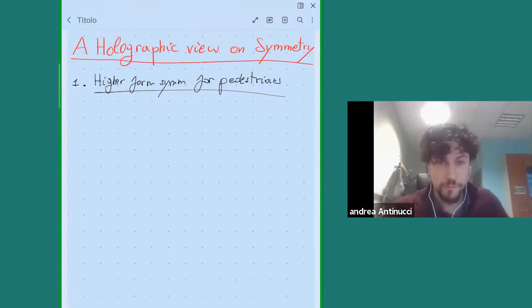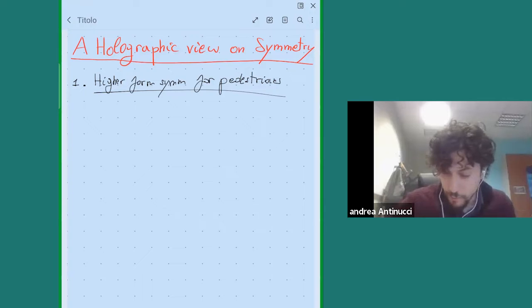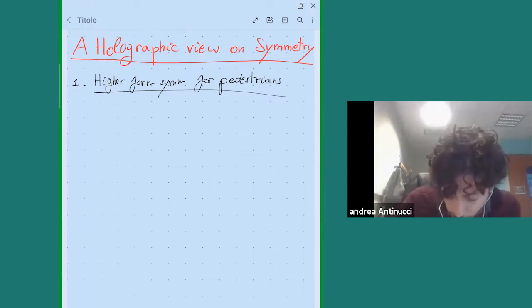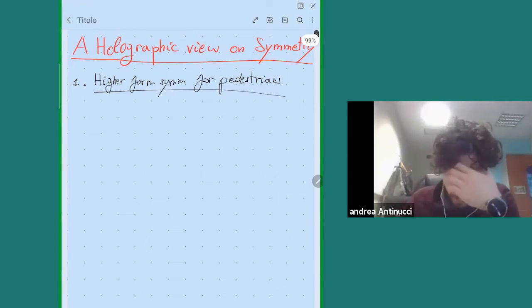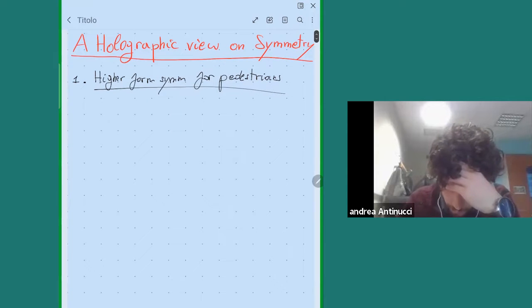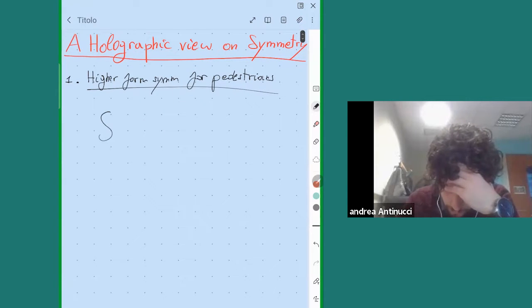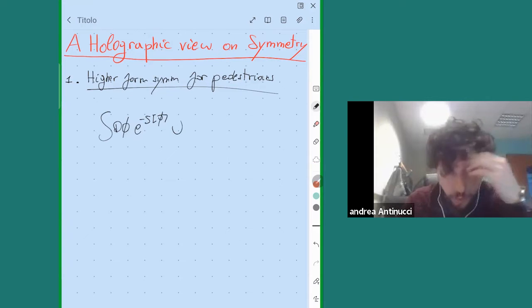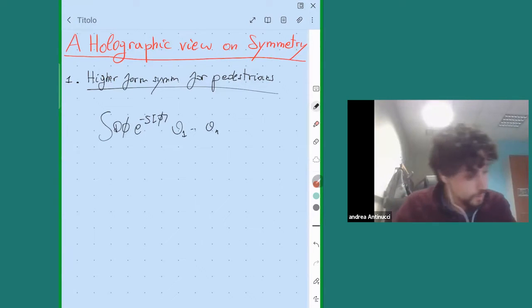The first very important thing is that my definition of what a symmetry is the following. Usually you present your quantum field theory with a path integral. You compute correlation functions with some path integral, and you insert operators. These operators can be local, non-local, extended operators, whatever.